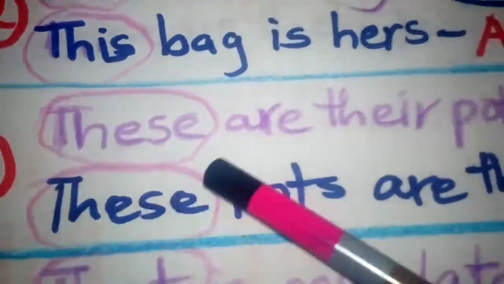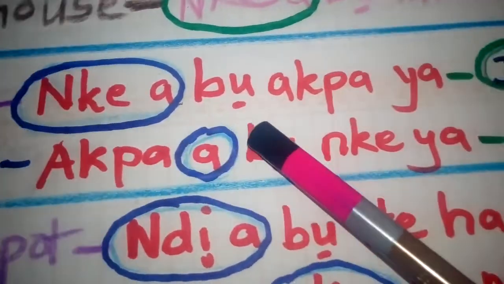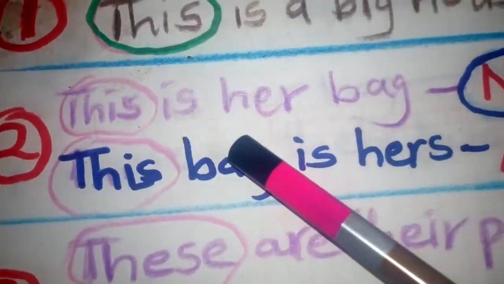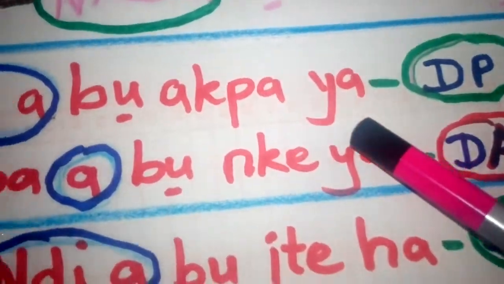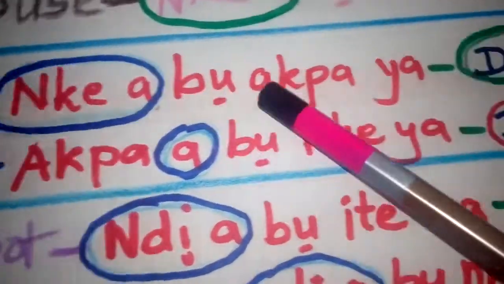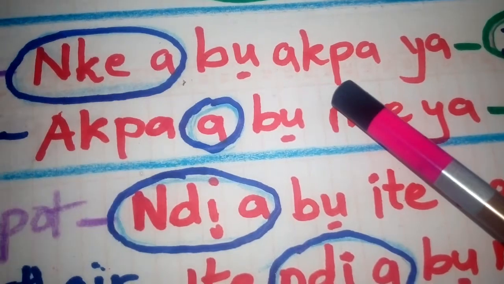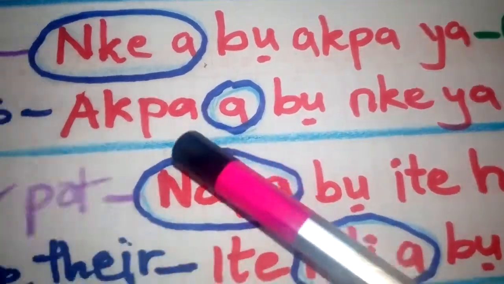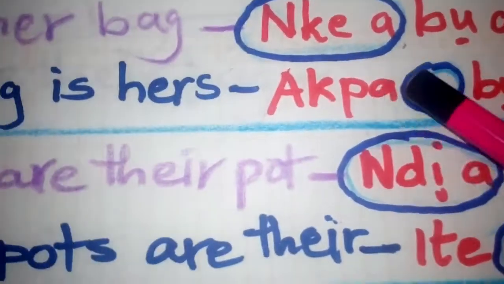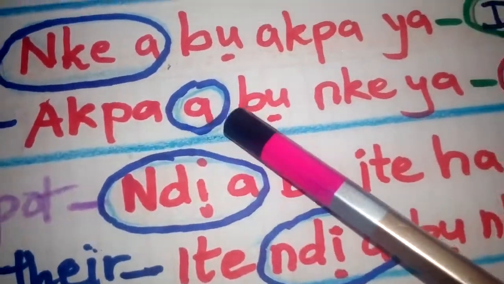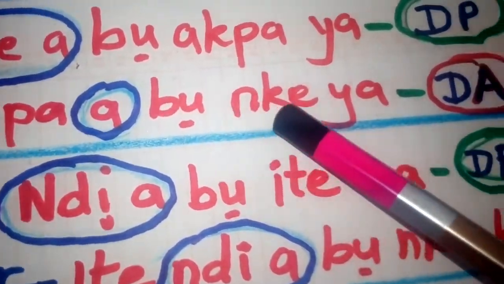So, nke a bụ akpa. Remember, this is her bag. Nke a bụ akpa ya. That's a demonstrative pronoun before the noun. Here akpa is the noun, and you see it comes after the bo nke ya.